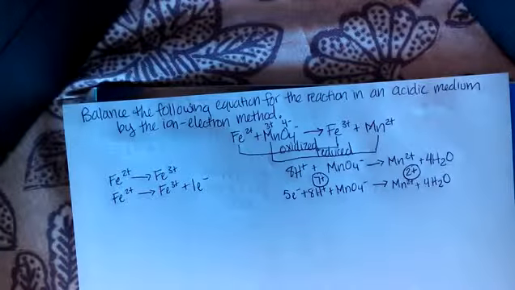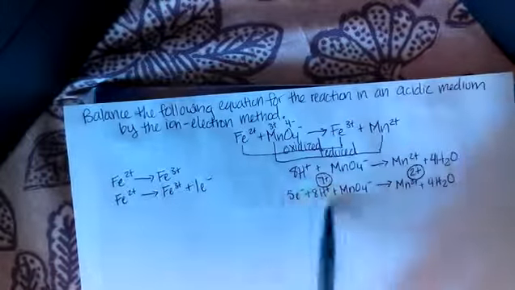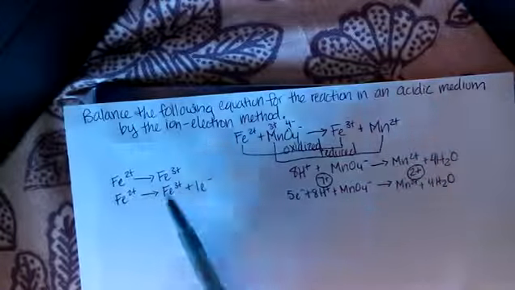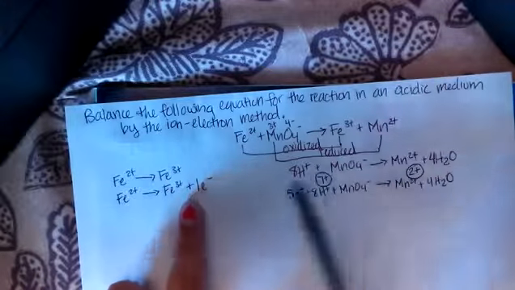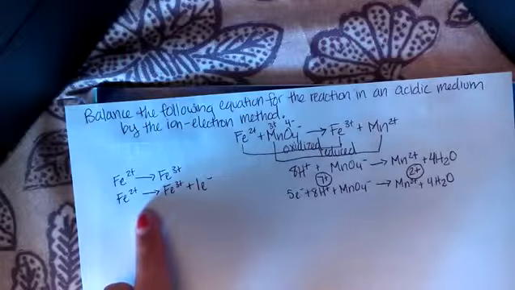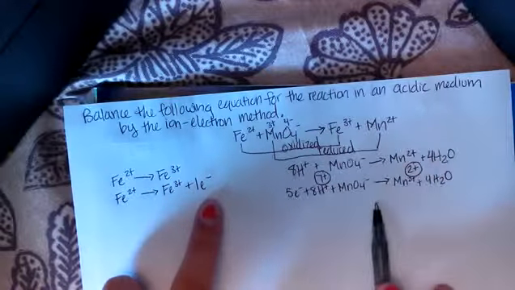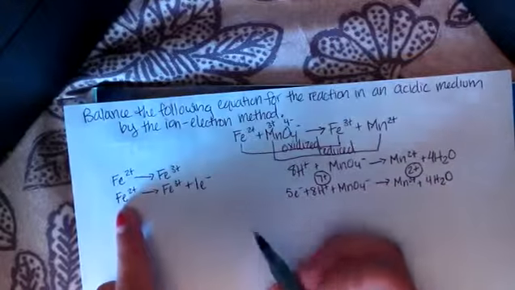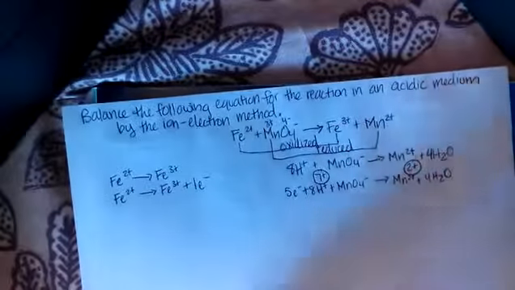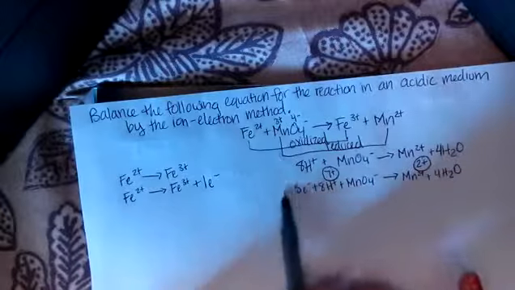Next thing you want to do is look over here and see that the number of electrons is not equal to the number of electrons over here, so the number of electrons in the reaction that was being oxidized is not equal to the number of electrons that is being reduced. So easy. This is an easy solution. You're just going to multiply it by 5 to get you 5 electrons.